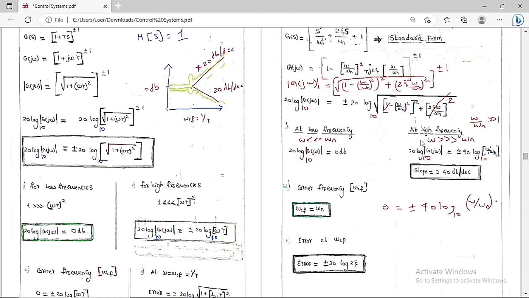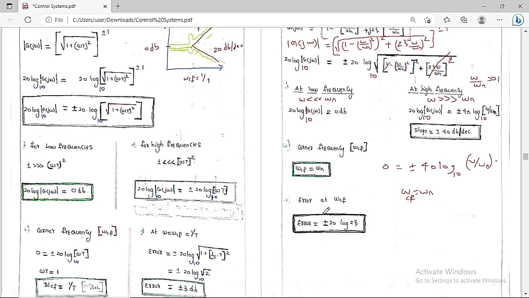If we solve this, we get omega is equal to omega n only. So the corner frequency is equal to omega n.